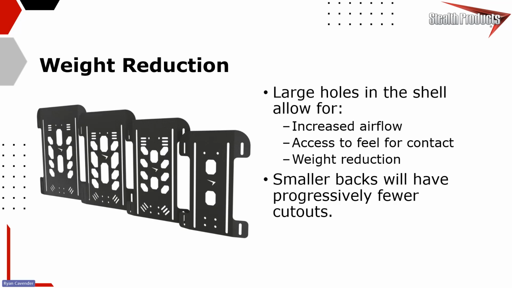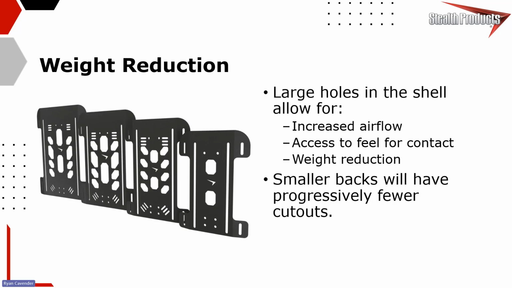Each TFB more or less has these cutouts on them, and that material, to start with, aluminum's already lighter than plywood to get the same strength we're looking for. But we also remove a bunch of material, which the main goal there again is weight reduction for that final product.